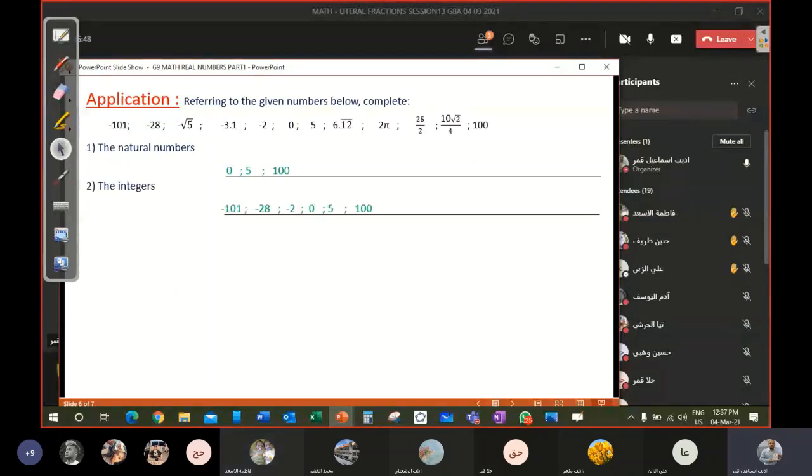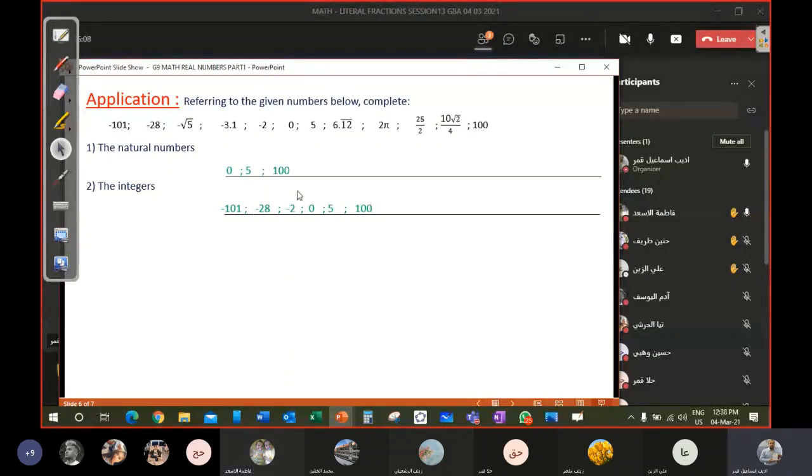Minus 101, 0, 5, and 100. As you can see here, the set of numbers of the integers consists of the whole numbers plus the negative numbers.